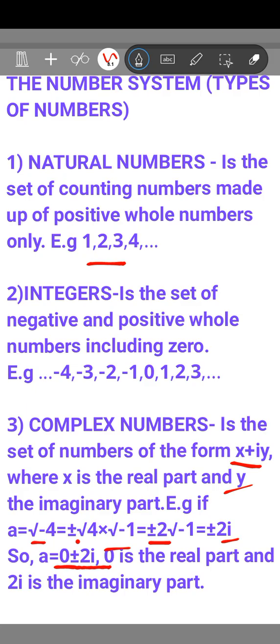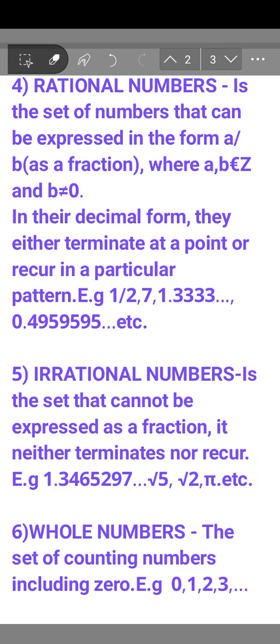The next type of number we are going to talk about is rational numbers. A rational number is a number that can be expressed in the form a over b. In other words, a rational number is a number that can be expressed as a fraction, where the numerator a and the denominator b are all integers. They are in the set of negative and positive whole numbers.